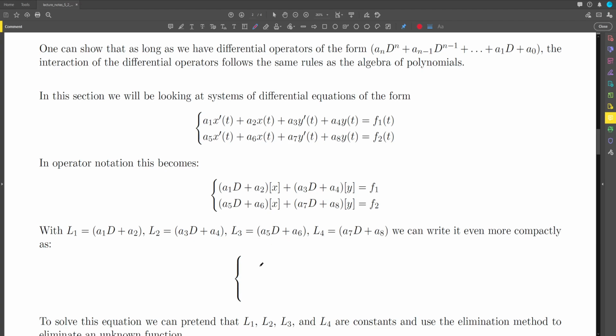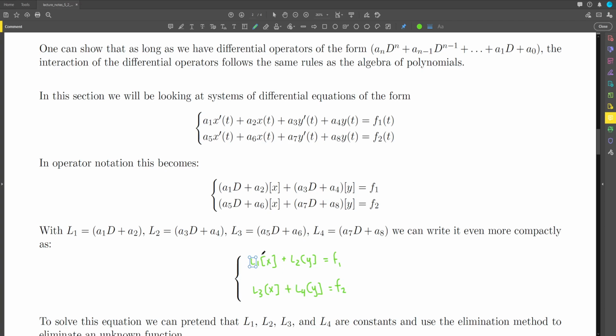So we replace this by L1. So we have an operator L1 acting on x plus L2 acting on y, and that equals F1. And then for the second one, we have L3 acts on x and L4 acts on y, and that equals F2.